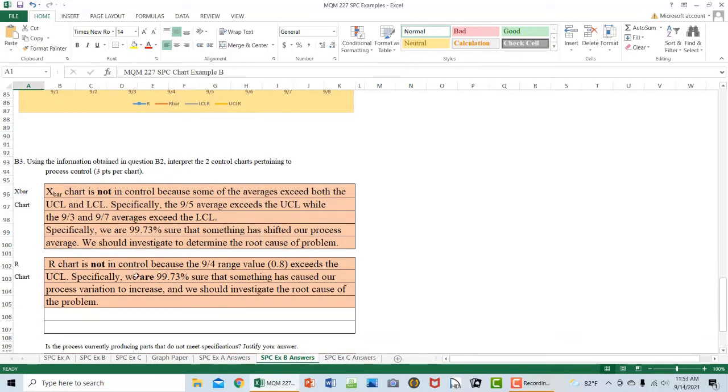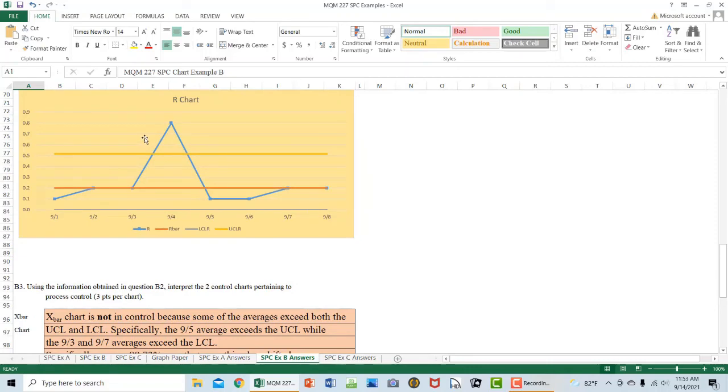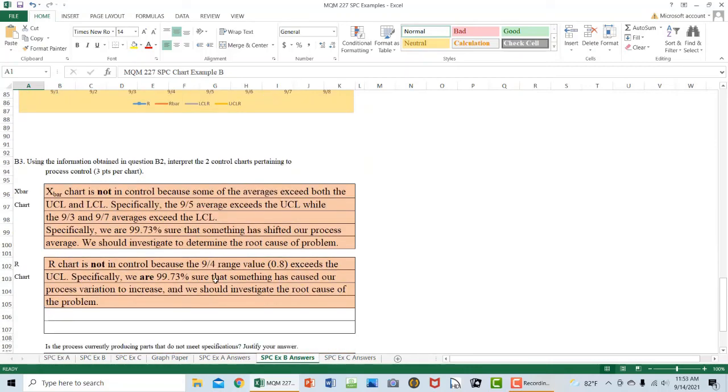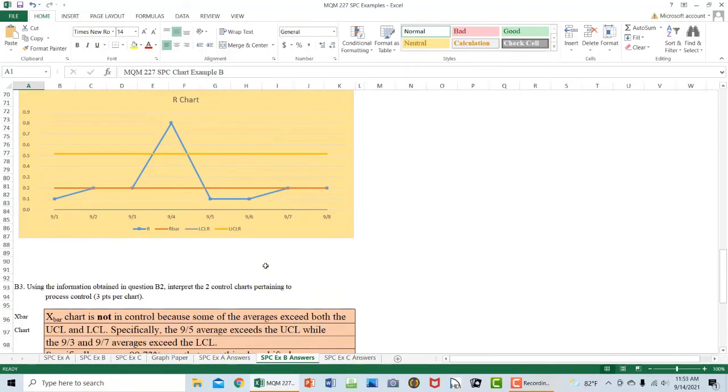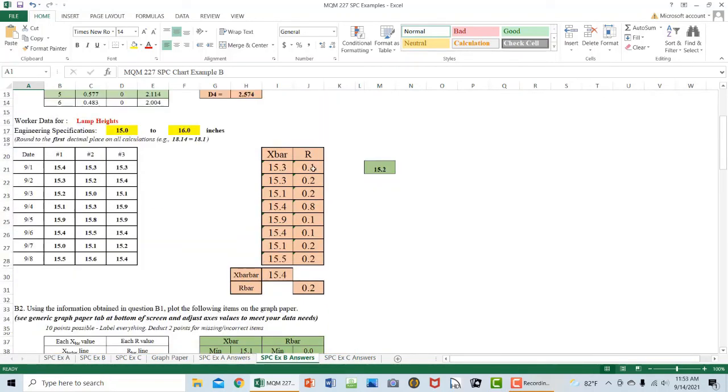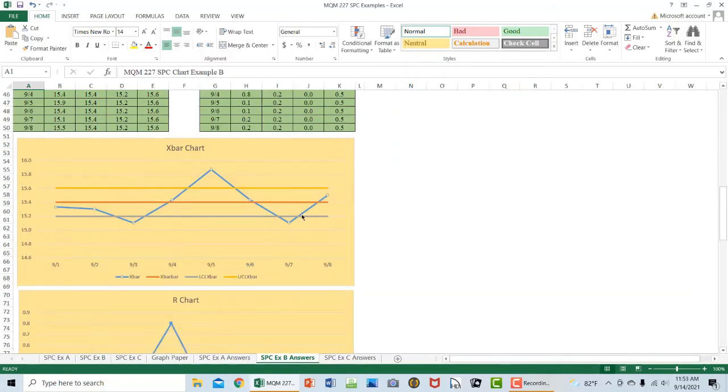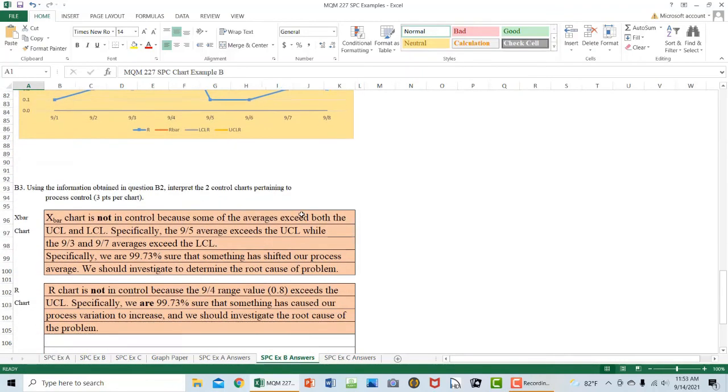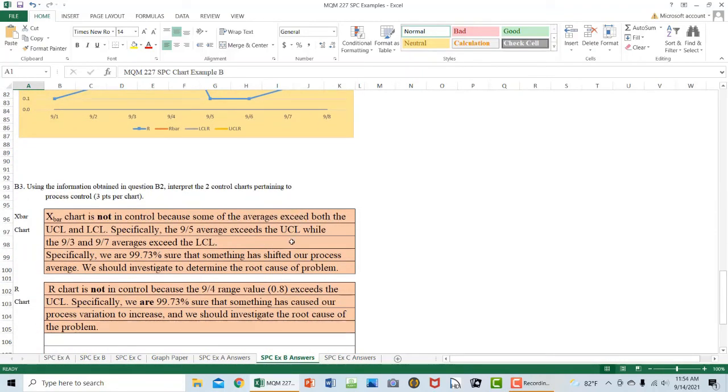The R chart is not in control because of this point, 9.4. It exceeds because the 9.4 range value is 0.8, and you say where's 0.8, and there it is, 9.4. The R of 0.8, that's too much. It exceeds the upper control limit.